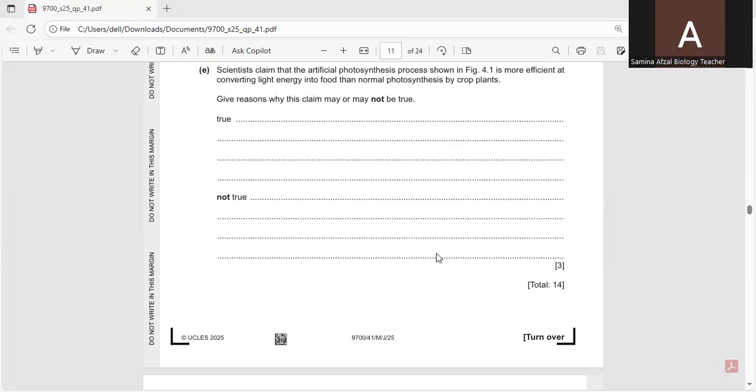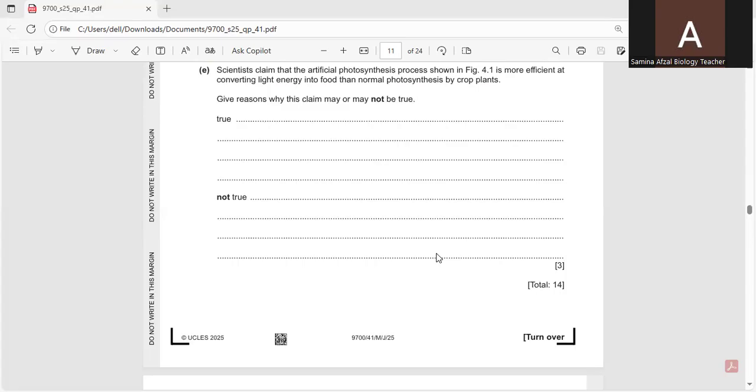And another one can be the solar panels, which convert light into electricity with a relatively high efficiency. So the electricity then powers the electrolyzers directly to create the energy rich acetate, which might be a more efficient path than the entire biological light independent and light dependent stages. So these can be the points for the true.